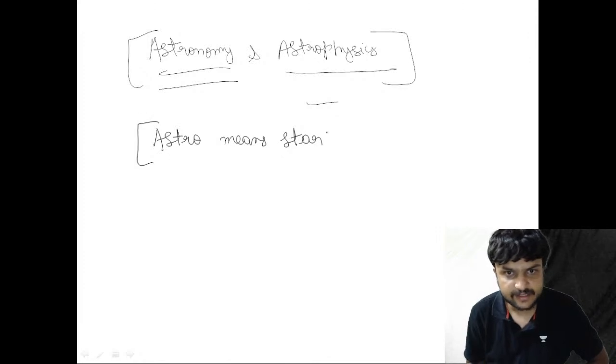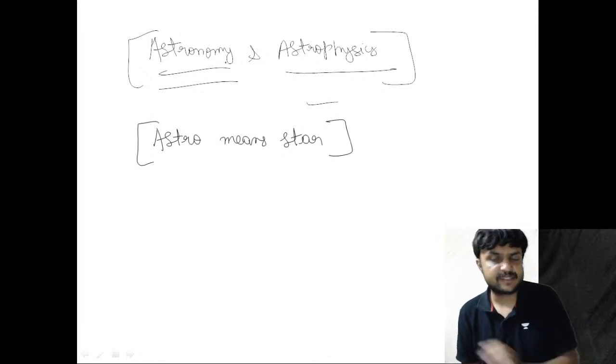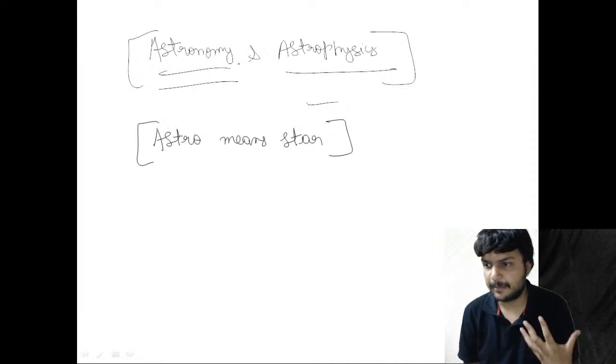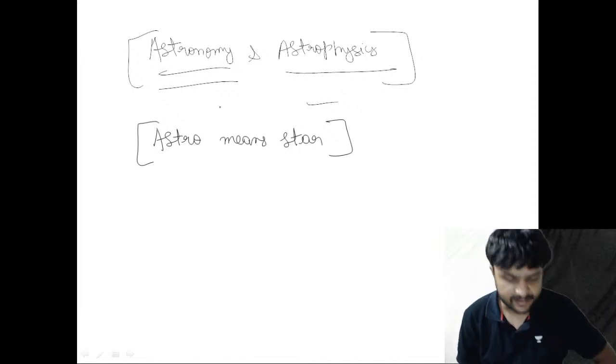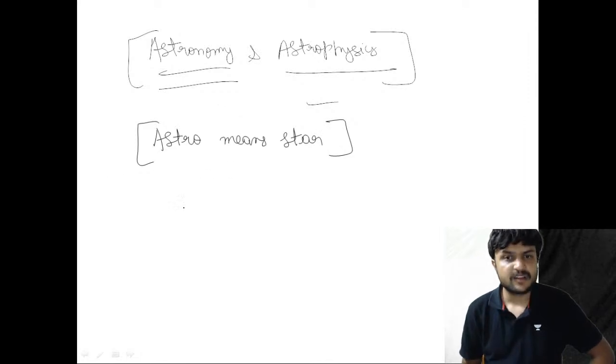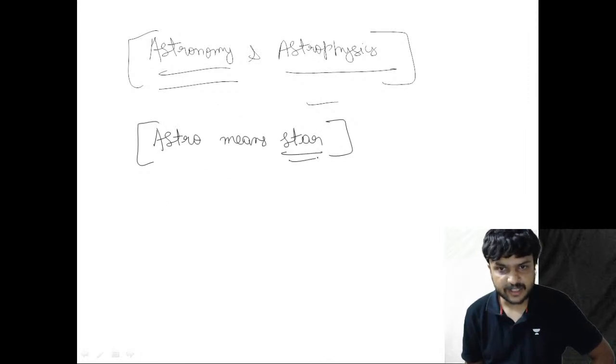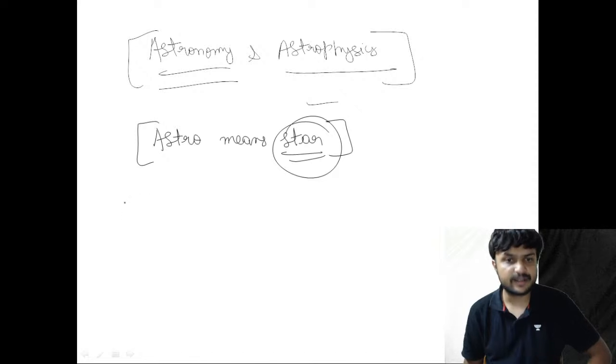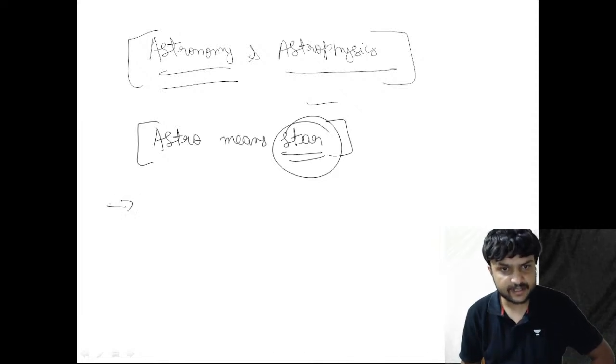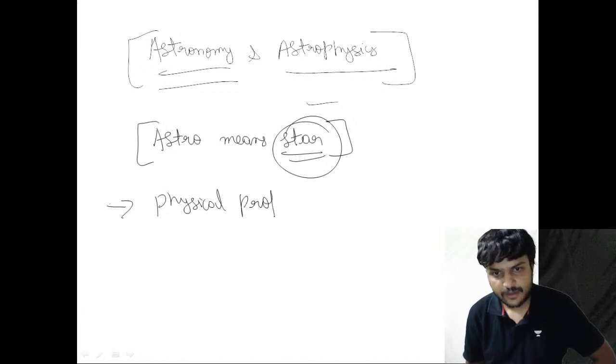Learning astronomy is basically applying certain measurement techniques to understand stars in detail. Since we are talking about stars, we need to first understand what a star is, and what the physical properties of a star are.